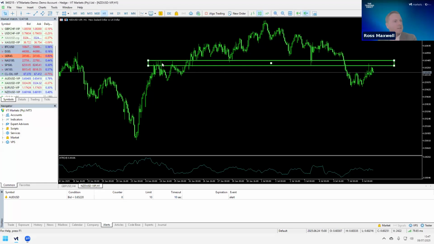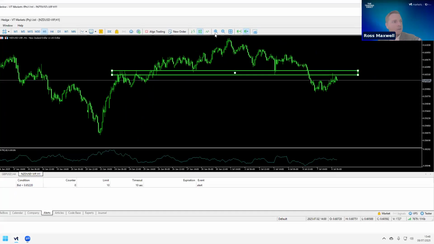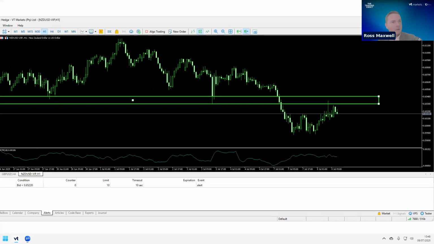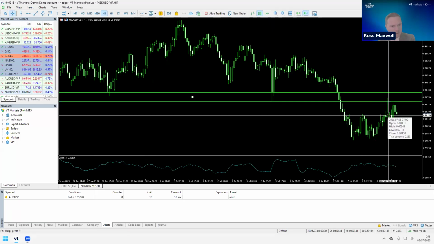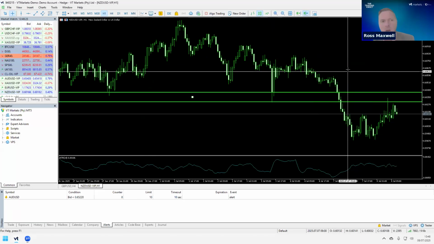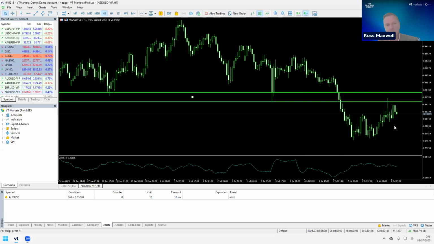You can see that we've had resistance here, broke through, acted as support here, we broke through it, and I was looking for a retest of this zone. So yesterday I had an order in that area, and you can see it's come up and retested that, and that's worked quite nicely. But this happened at about 4 or 5 o'clock this morning, I believe, my time. So I missed that trade.